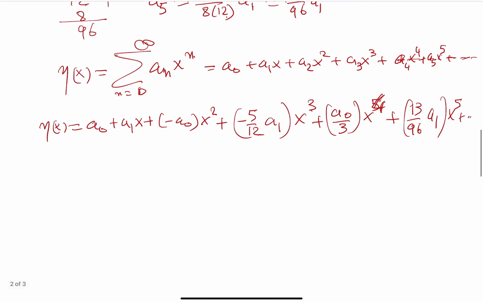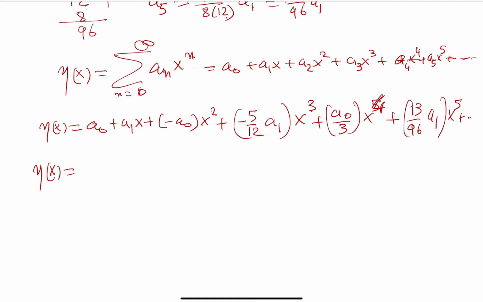So now the general solution we can express as a0, parentheses, any a0, replace it. You have 1 minus x squared, and then plus 1 over 3 x to the 4, and plus so on. And then plus, factorized by a1, you will have here x.